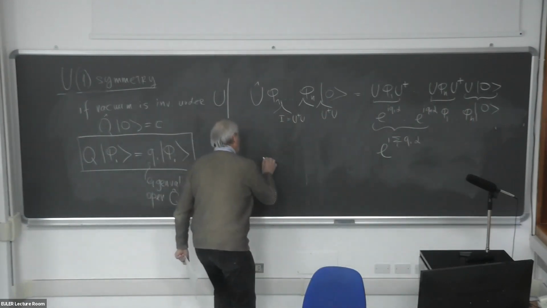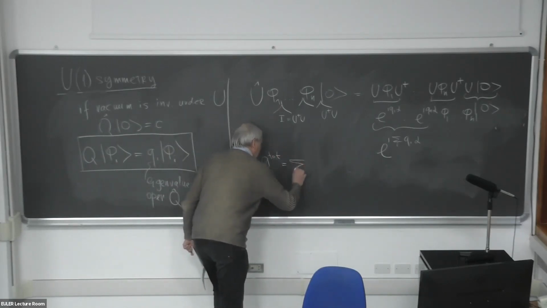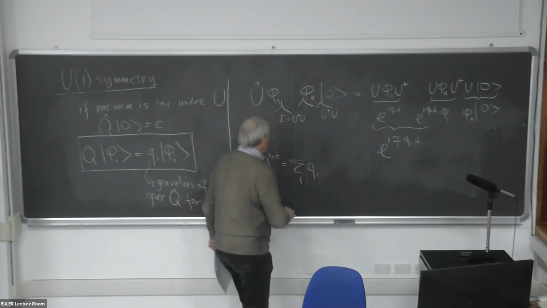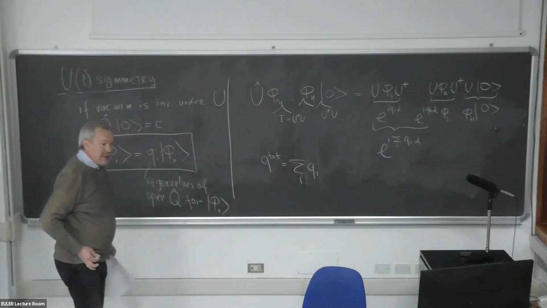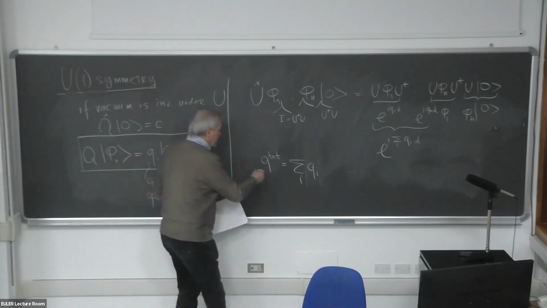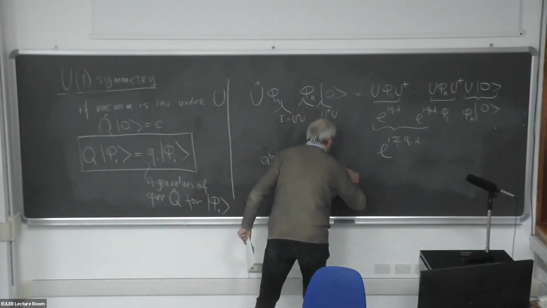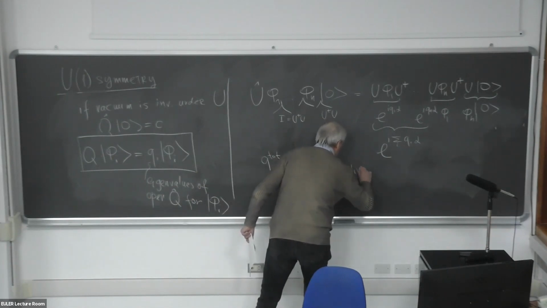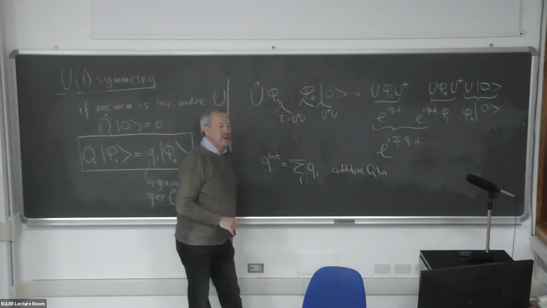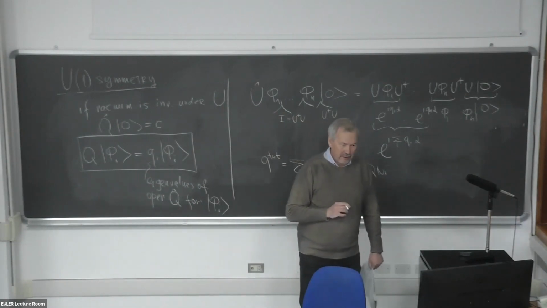Which means that we can introduce the total charge, which equals the sum over the charges of fields which are in our system. And it's clear that here, this Q is an additive quantum number. In contrast to parities, which we have discussed, and the parities were multiplicative quantum numbers.